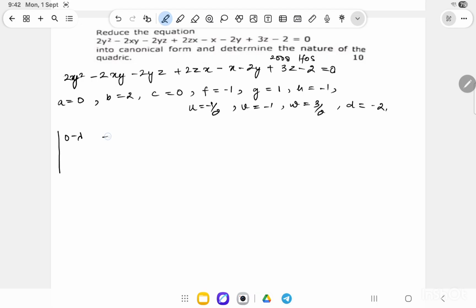So let's just find out the discriminating cubic, that is 0 minus lambda, h is minus 1, g is 1, minus 1, 2 minus lambda and f is minus 1, 0 minus lambda, 1 equals to 0.